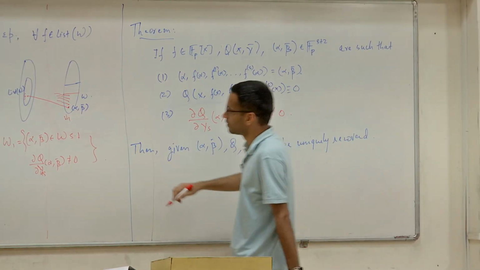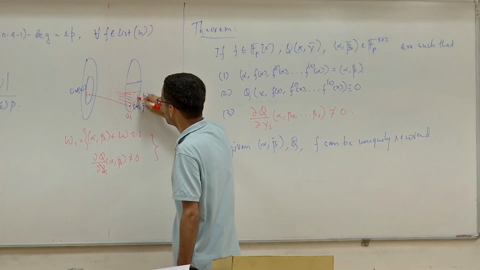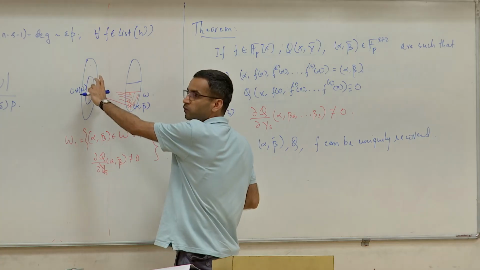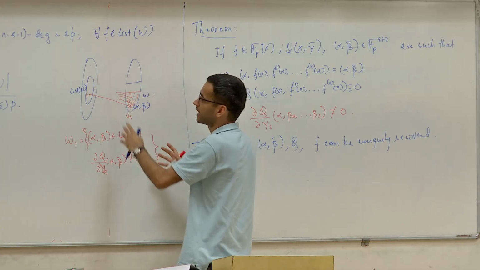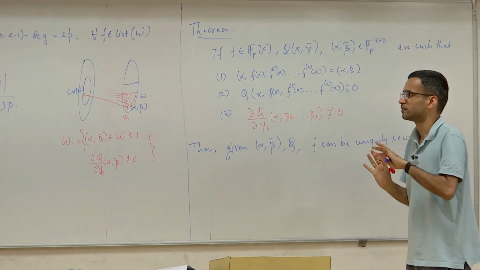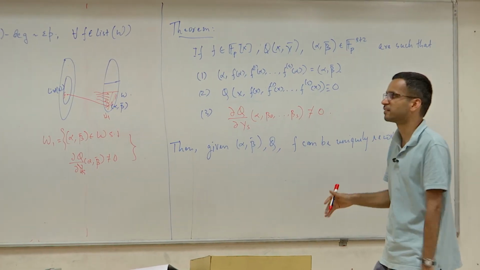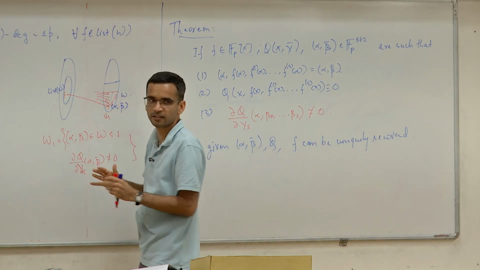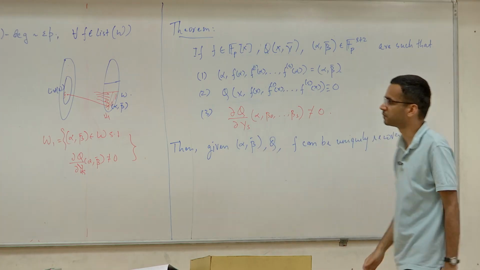Our goal was to find the size of the list of W. W1 is great for us. It's telling us that the part of the list that W1 sees, we have a good handle on it somehow.